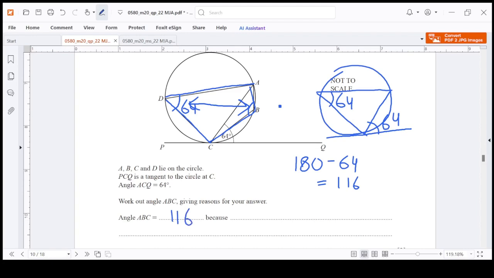And what is the reason? There are two reasons. One is alternate segment theorem. You'll write it properly, not in short form. So alternate segment theorem, and what else? And cyclic quadrilateral.